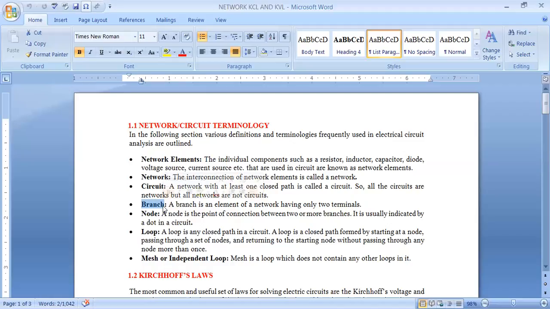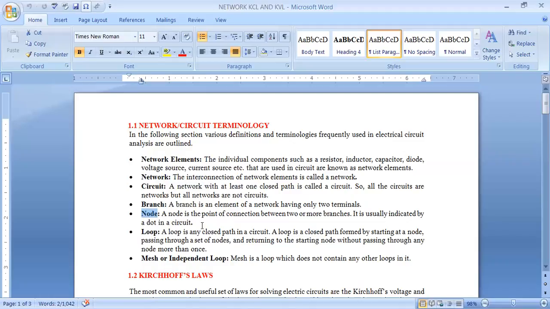Now come to the node. Node, what does it mean? A node or junction: when three or more elements join at a particular point, it is usually indicated by a dot.